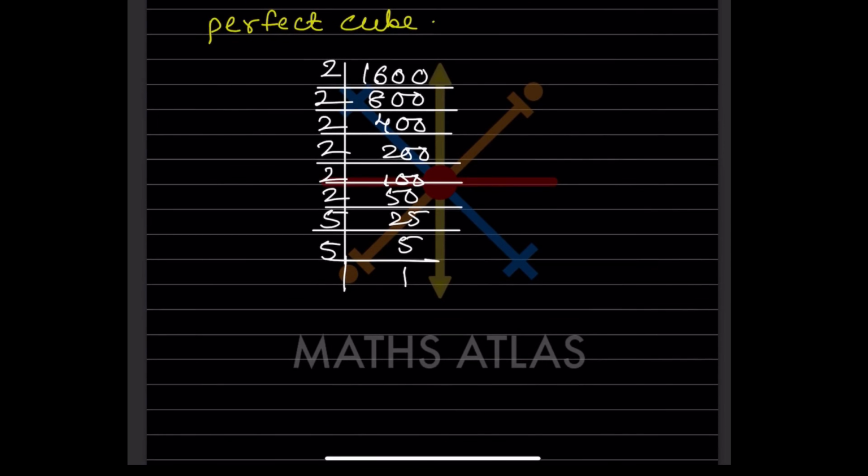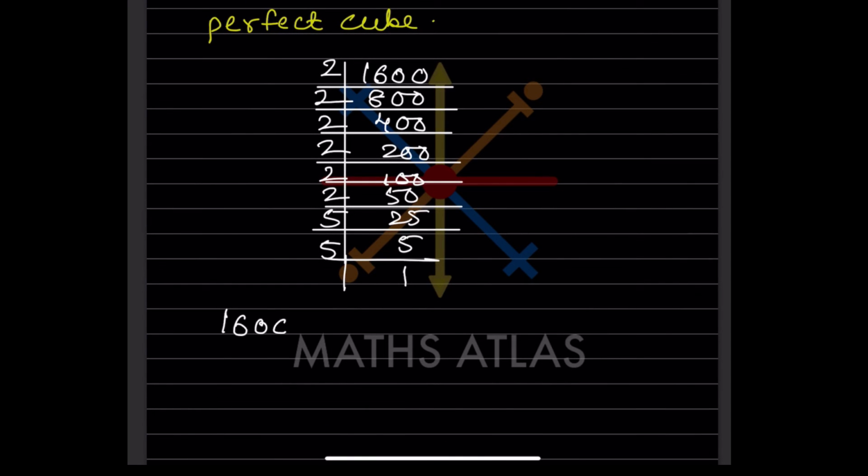So now let me write first here. 1600 is, how many 2's we have? 1, 2, 3, 4, 5, and 6, and 5 into 5.